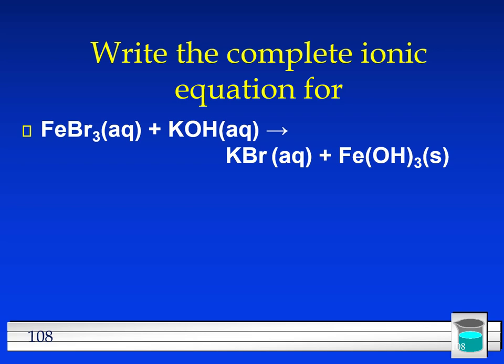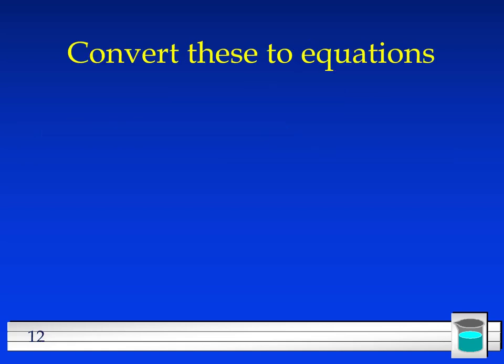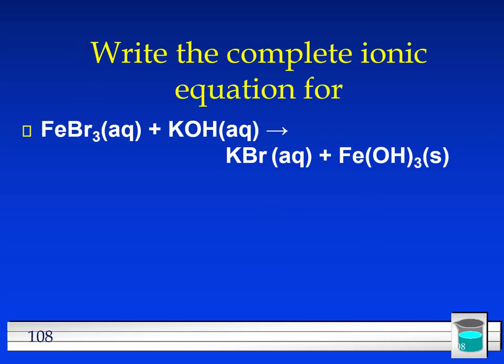So if you had iron 3 bromide and potassium hydroxide making potassium bromide and iron 3 hydroxide. Okay.